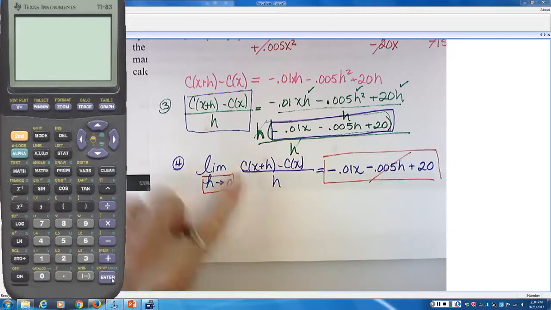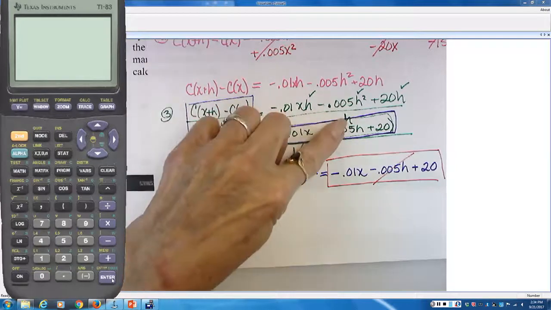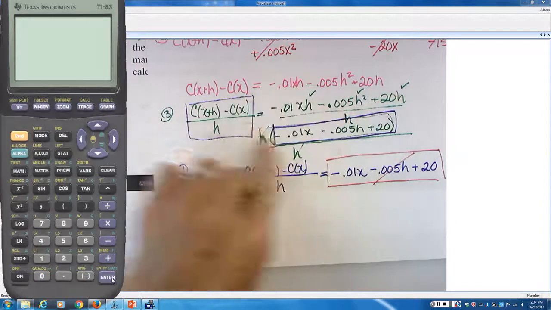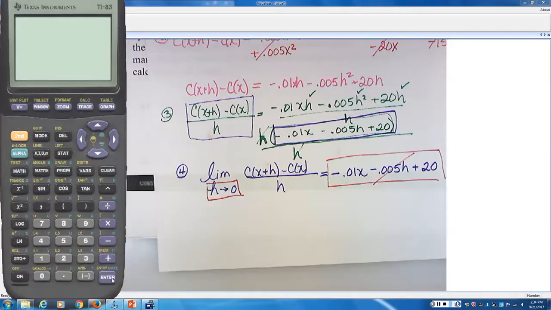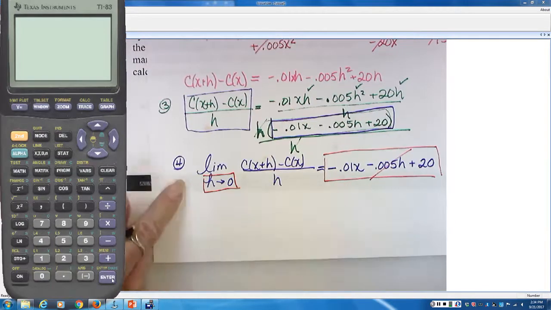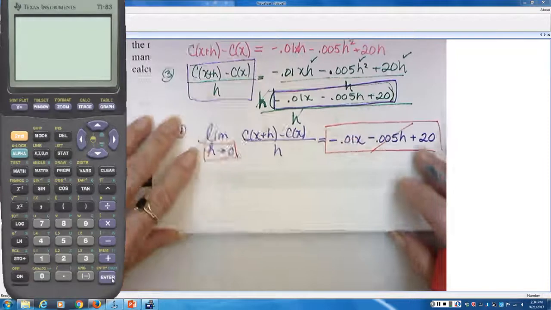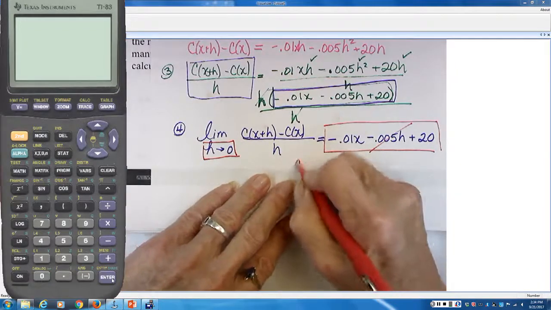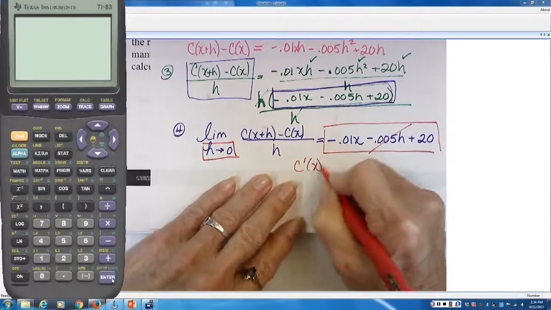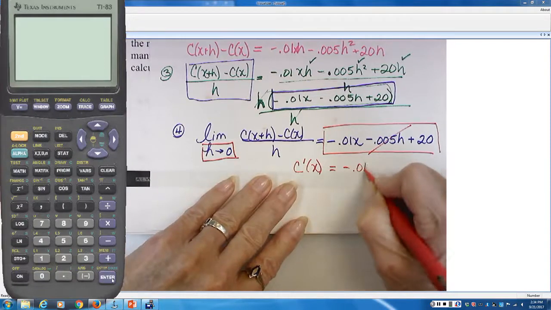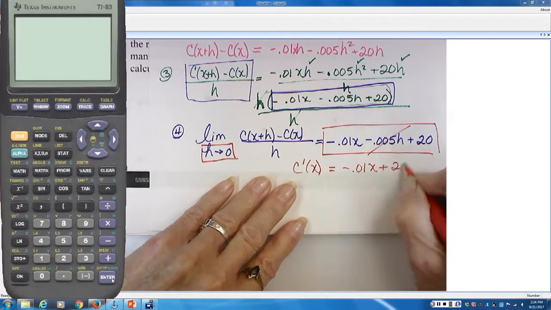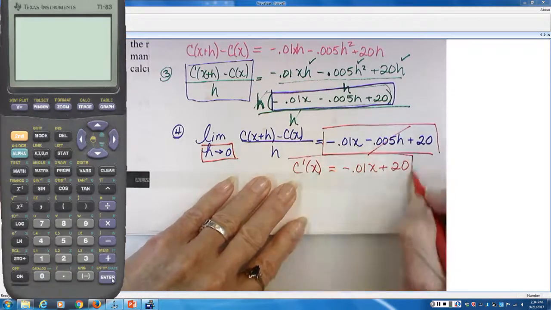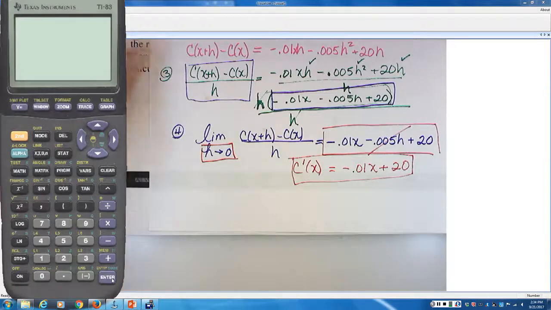And you can do it there where you couldn't do it here until you actually factored out and got rid of the h in the denominator. So your derivative, this is actually now your derivative. That's the derivative of that function.